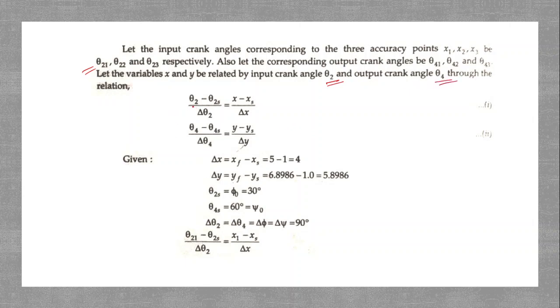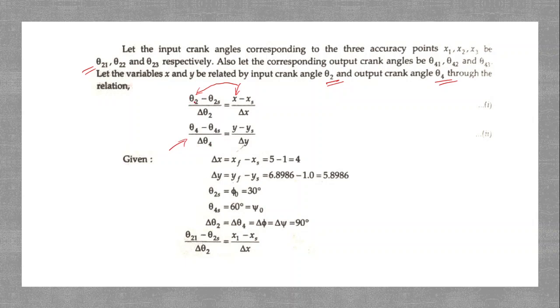Then (theta 2 minus theta 2s) divided by delta theta 2 is equal to (x minus xs) divided by delta x. Here x is related to this particular theta 2. Theta 2s corresponds to xs and delta theta 2 corresponds to delta x.